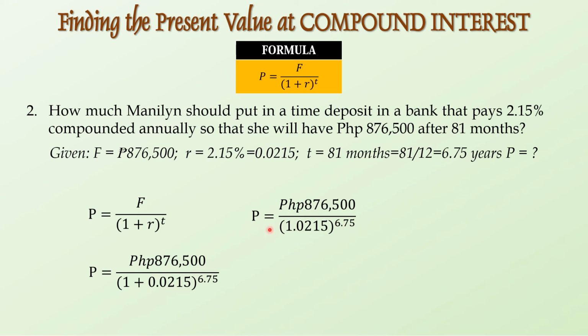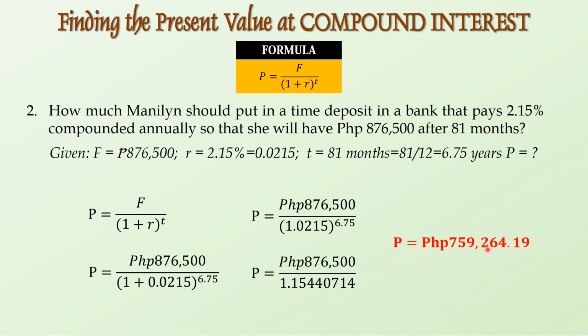And then ito, kukunin natin itong nasa denominator, so that is equal to 1.15440714. So by division, 876,500 pesos divided by 1.15440714, the present value is 759,264 pesos and 19 centavos. Okay, so that is now the answer to problem number 2.